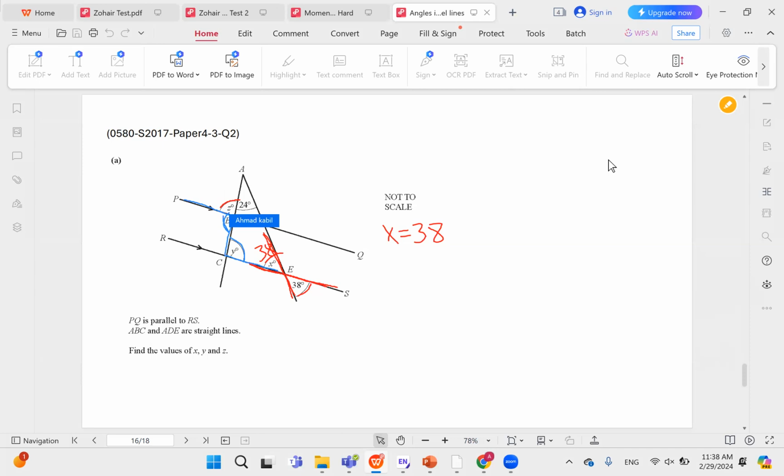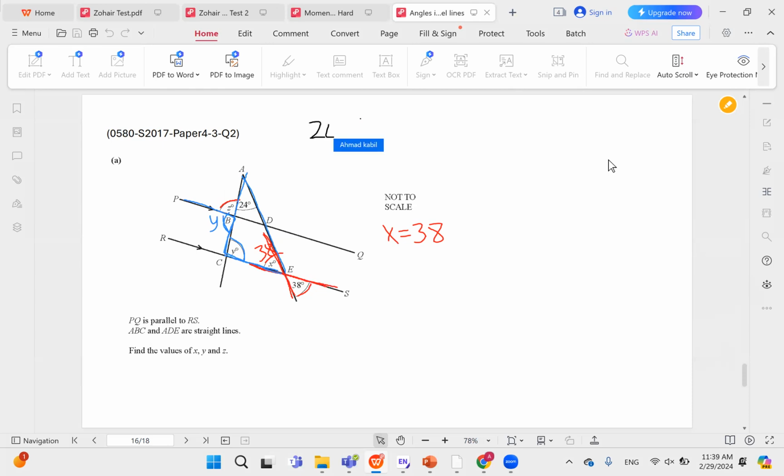So this angle here is also y. And in order to get y, we can use the triangle here. So triangle ACE, the sum of angles in triangle ACE is equal to 180.